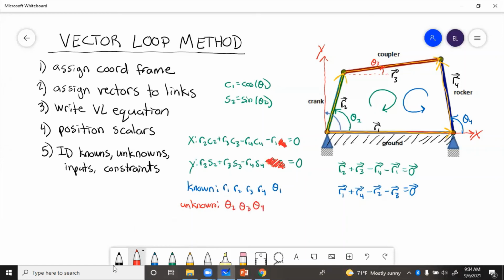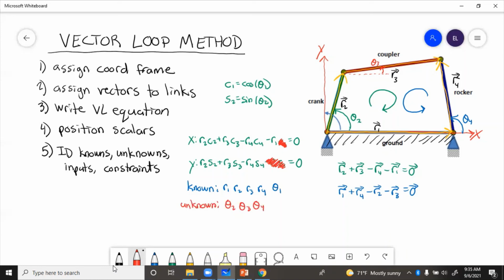But we need an input. And for this, we actually get one input because this mechanism has 1 degree of freedom. So the number of inputs equals the number of actuators. So this is easy to tell what is the input if you can see it physically on the mechanism. So like if you can see a hydraulic or pneumatic cylinder, or if you see a motor, that's definitely the input.